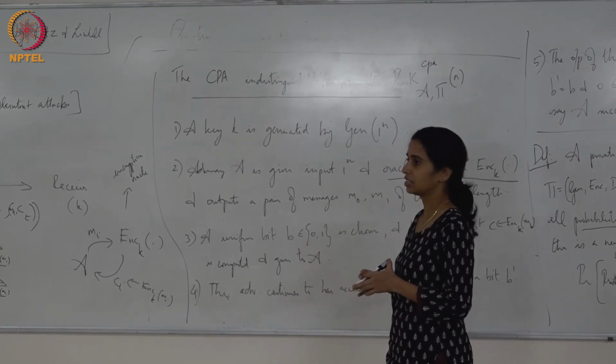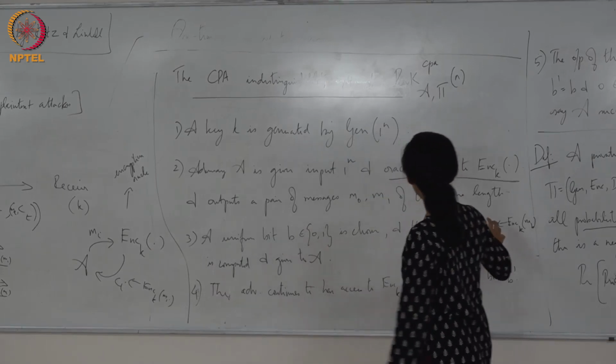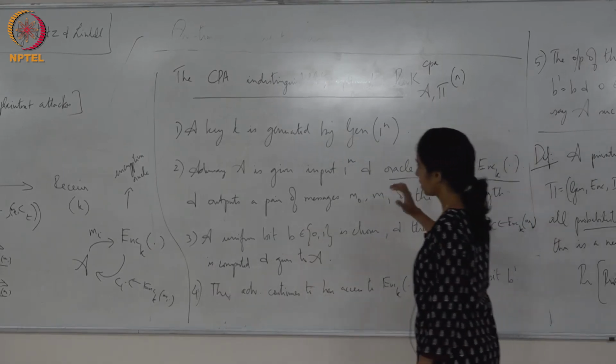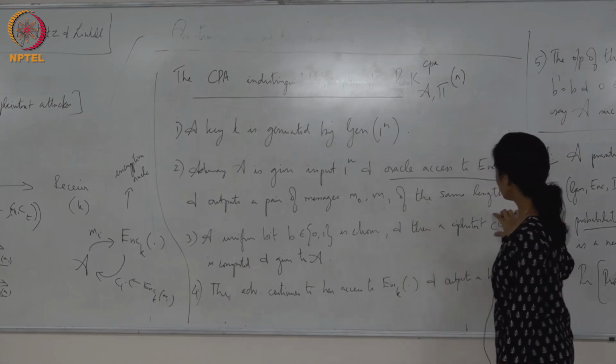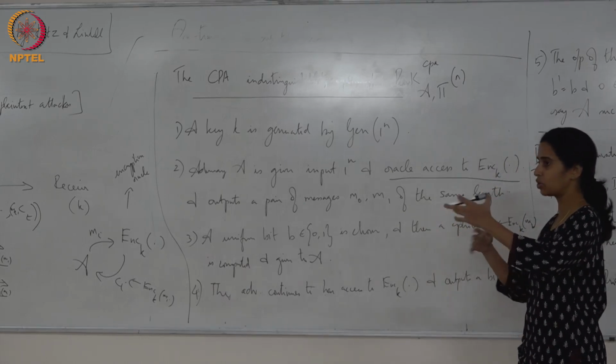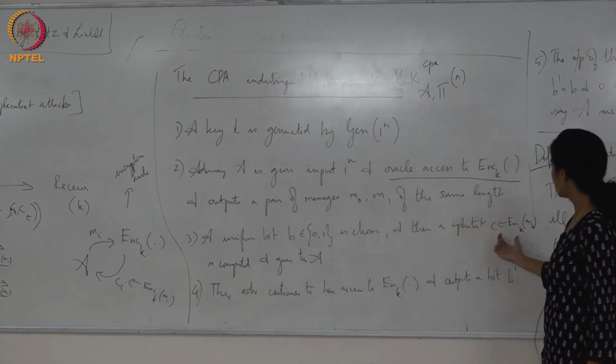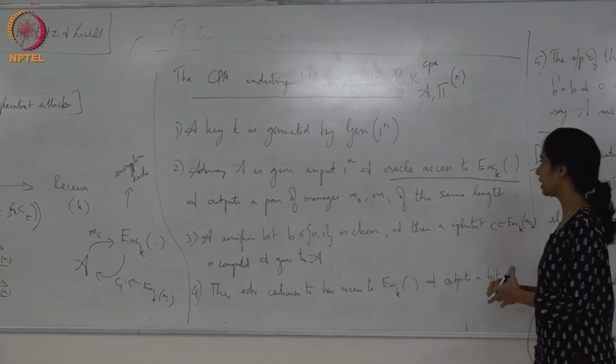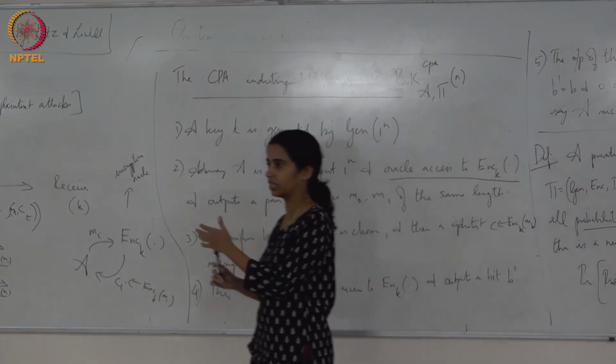Exactly, yeah. So I can see where your question is coming from. You are thinking that obtaining C implies A can query M0 or M1.